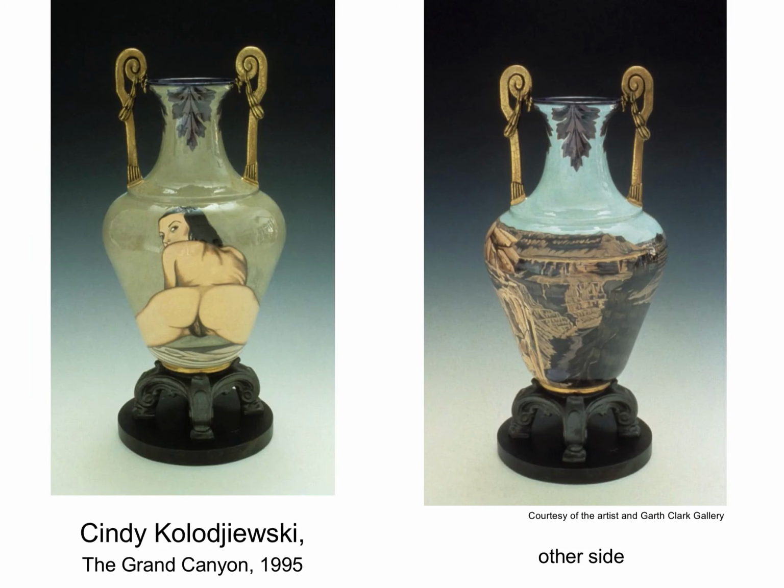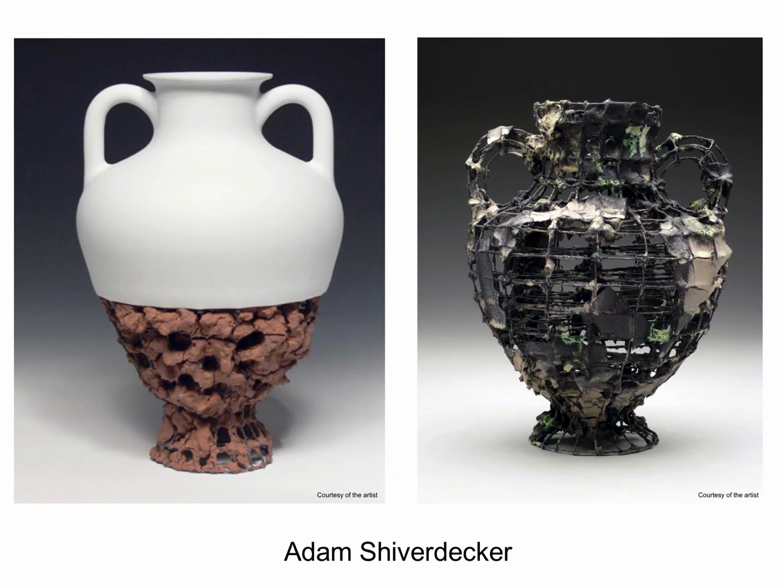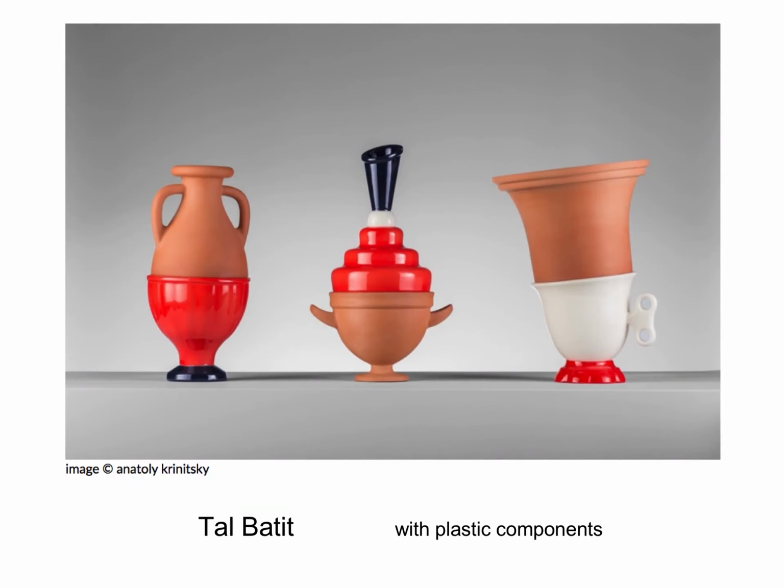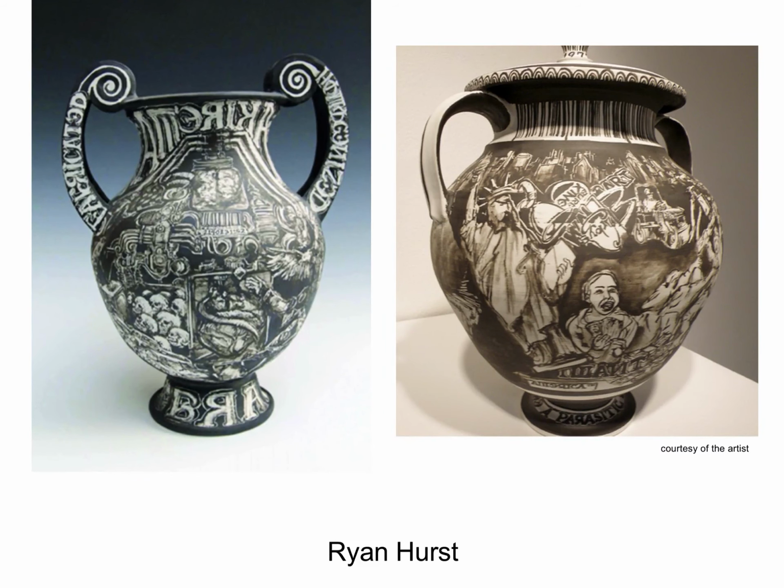And I will be showing you quite a few examples of that here, where people use classical shapes with contemporary surfaces to comment on various aspects of contemporary society, making work combining ceramic with metal, with plaster, with other material, something like combining it with plastic found objects, with ceramic made parts, and putting them together. There is a tremendous amount of that kind of work being made now in all kinds of ways.